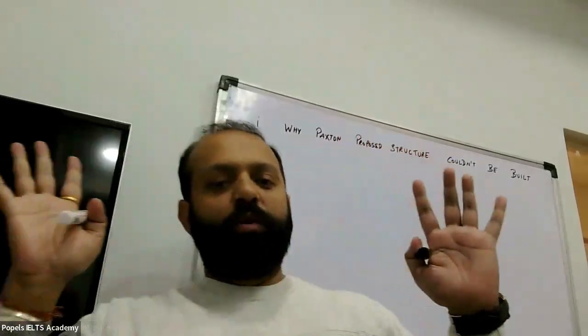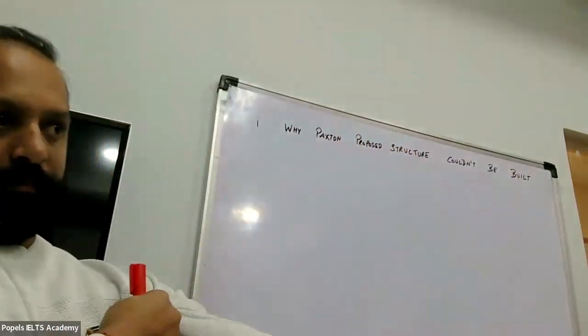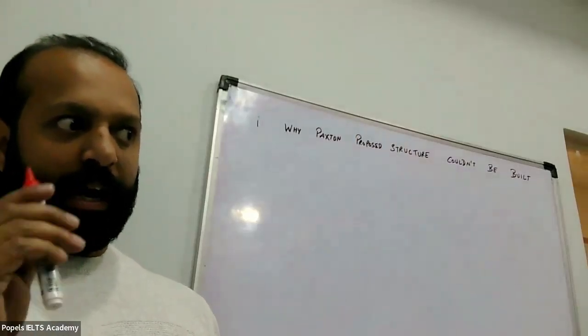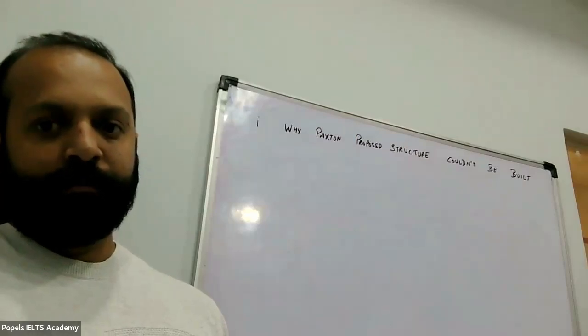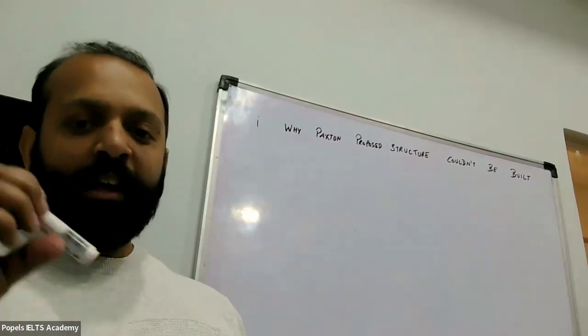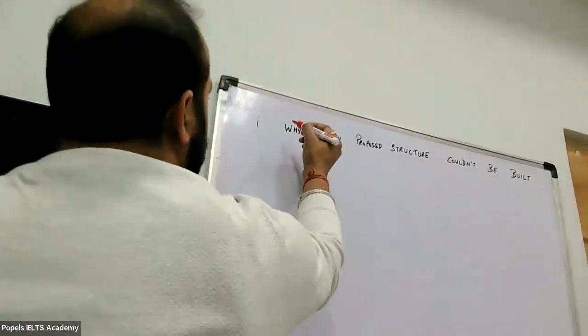What is the demand of the question? What is this statement demanding? Proposed structure not built, couldn't be built. Couldn't do. And regarding that, what? Regarding the proposed structure he made, why? There should be reasons. Yes. First thing is why.